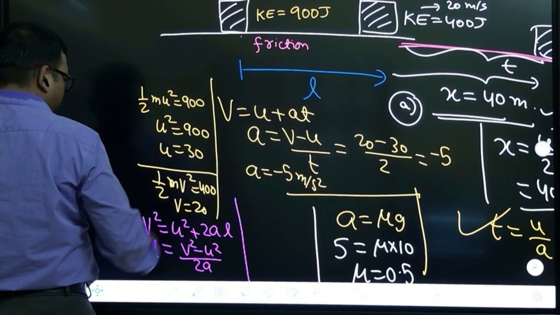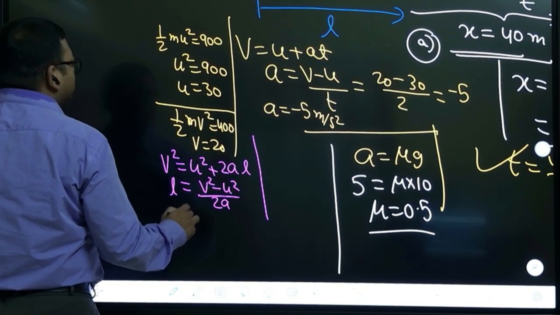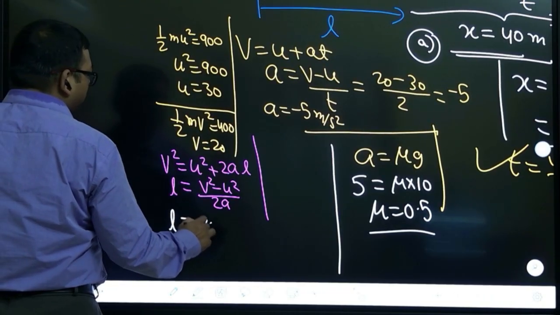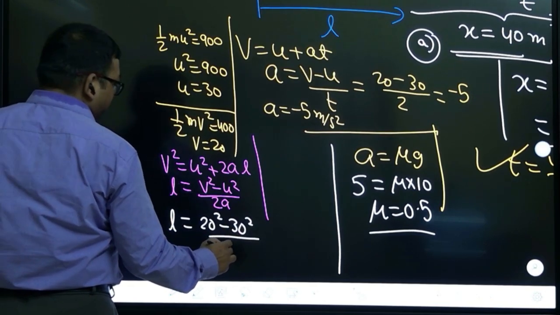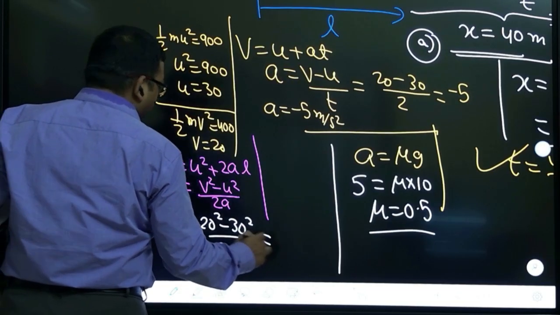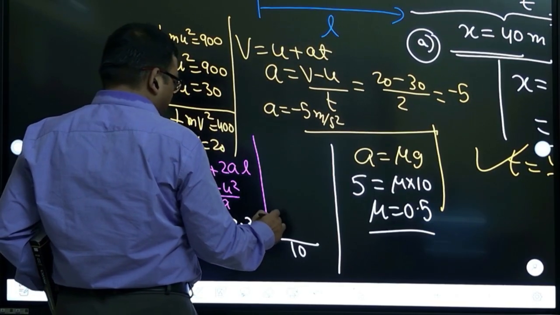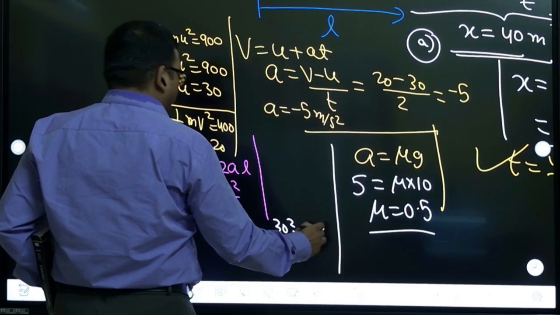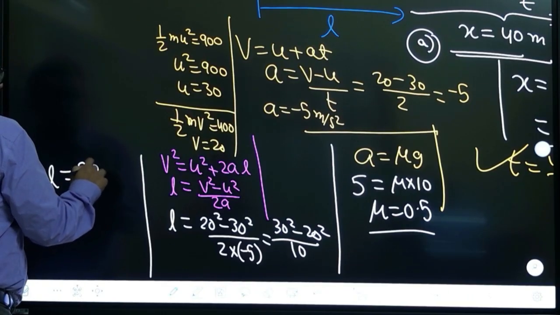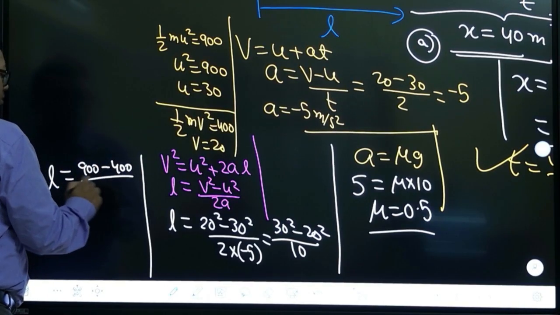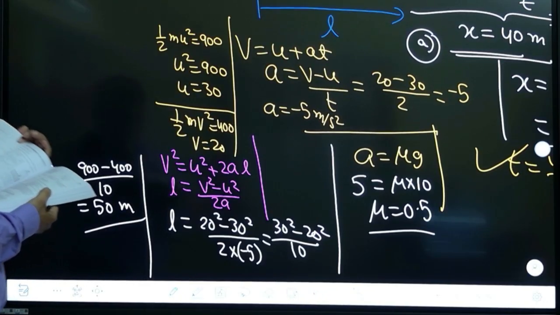Finally, 20 square minus 30 square by 2 times minus 5, that is 900 minus 400 by 10. 50 meter is correct, right? Yes, this option is correct.